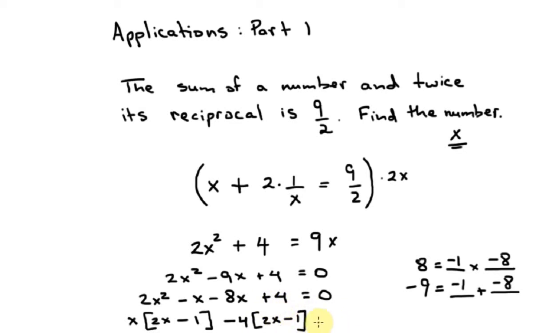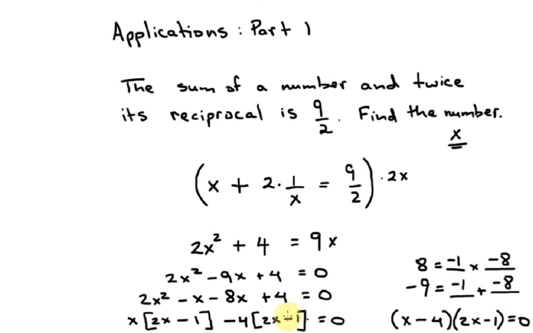So here's what my final answer would look like. I'll just squeeze it in over here. I have an x, and the x and the minus 4 go together, okay? And then the other set of brackets is the 2x minus 1, which equals 0.